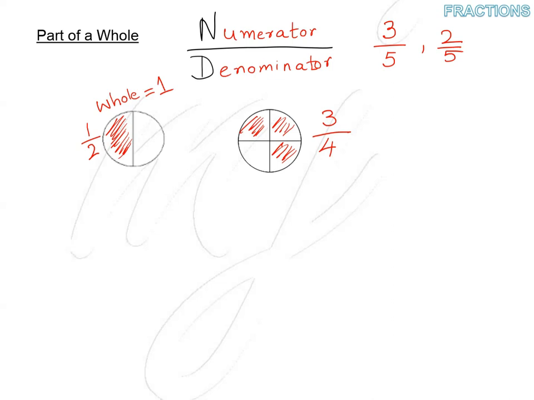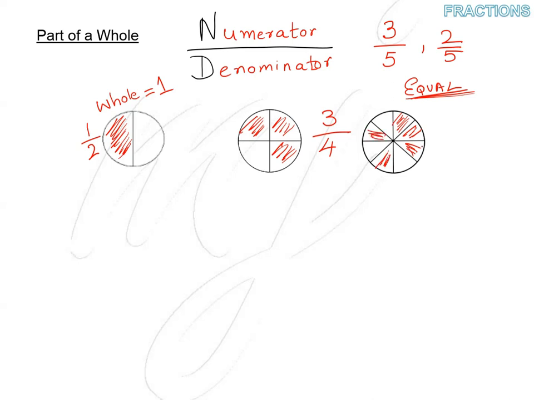Let's take another example. Now the circle is divided into 8 parts, and please remember, a fraction is always the whole divided into equal parts. It can't be unequal. So you have to remember that whatever I divide into equal parts, only that I can take into fraction consideration. So here I have 1 part which I am shading, 2 part, 3 part, 4 part, and 5 part.